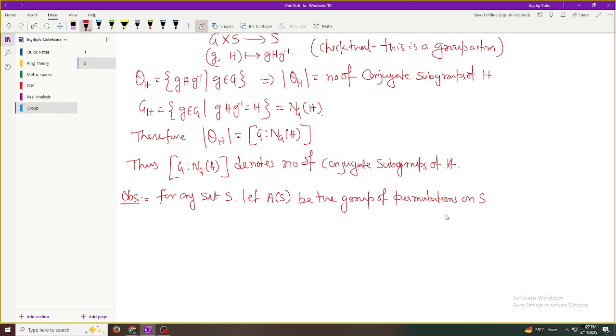All bijections under composition form a group, and this is the group of permutations.